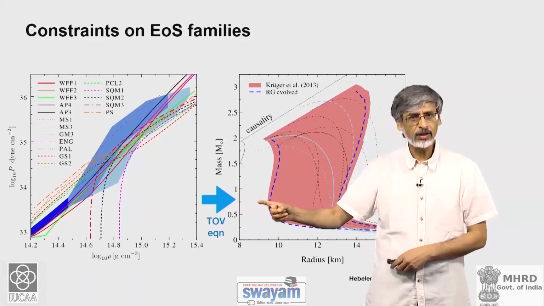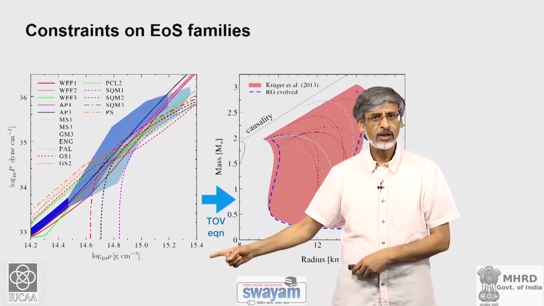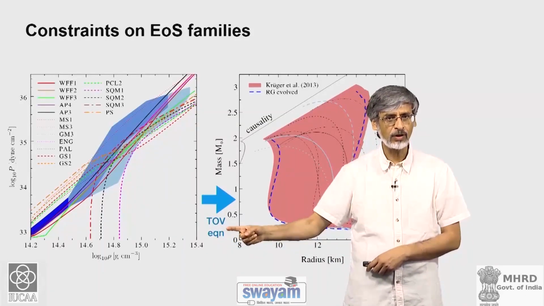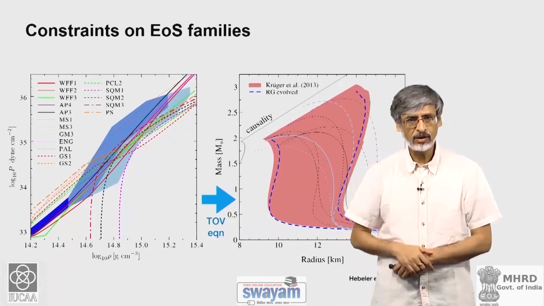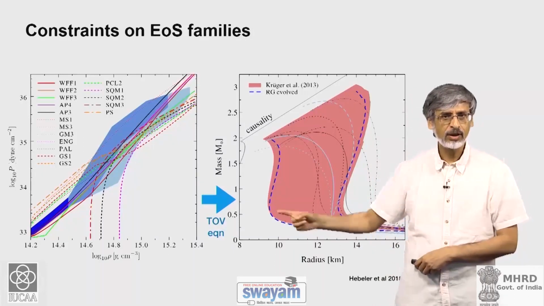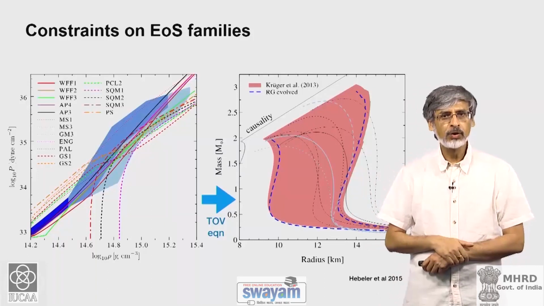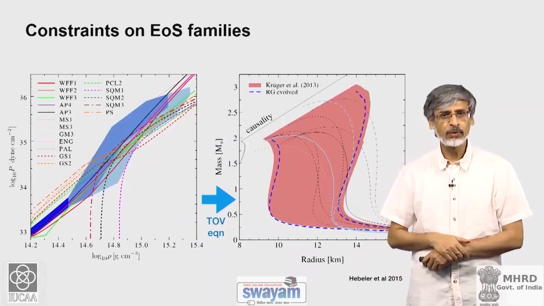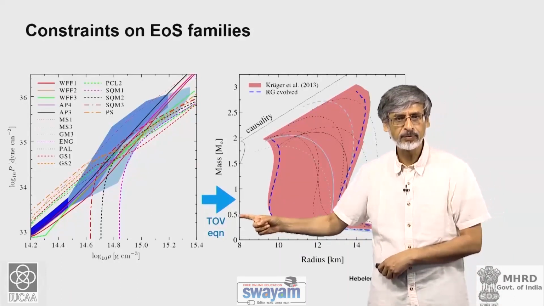If the neutron star is rotating, of course, as we already mentioned in the case of white dwarfs, the TOV equation, which is meant for a spherically symmetric system, is not applicable. One has to use a somewhat different formalism, but for most cases we will encounter neutron stars which are not rotating that fast. So, therefore, the TOV equation is still a pretty good approximation.